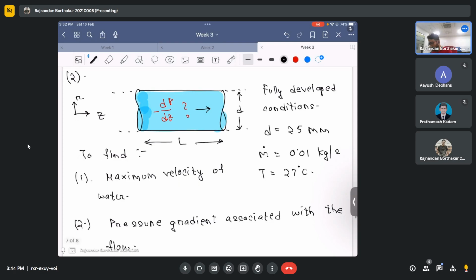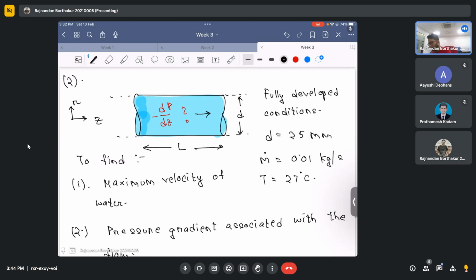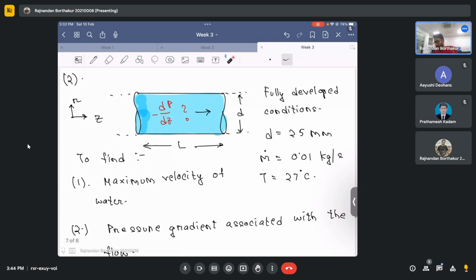I'll state the second problem, but if you have any doubts about the previous problem, you can let me know. Of course, before beginning this, I'd be happy to wait for a couple of minutes.